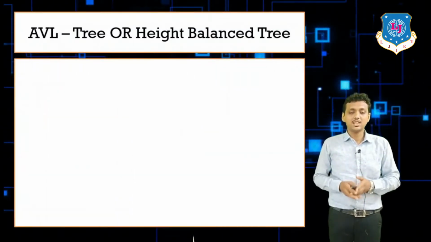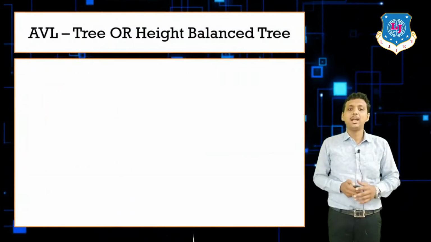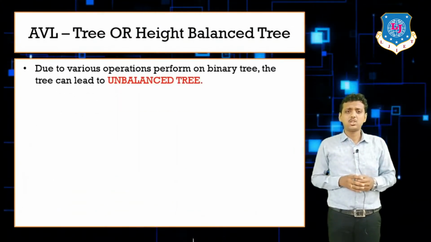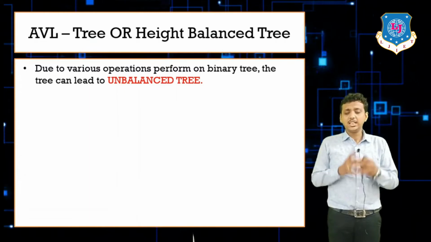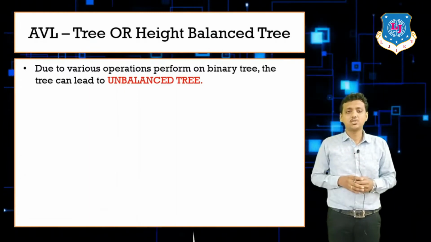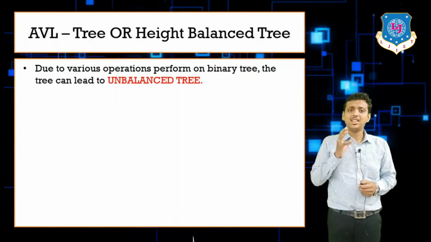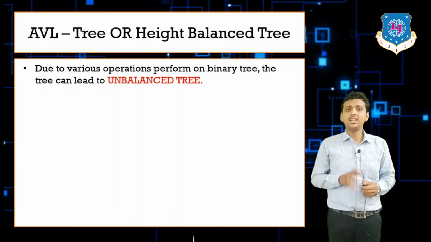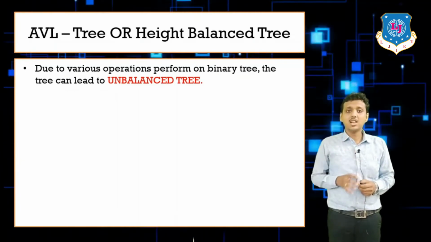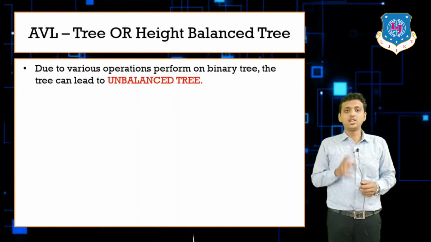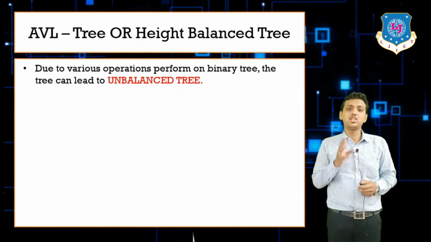The first is AVL tree or height balance tree. Due to various types of operations performed on the binary tree, the tree can become unbalanced. Students, we perform insertion and deletion operations on a binary search tree. In our previous sessions, you have already learned how to do insertion and deletion on a binary search tree.